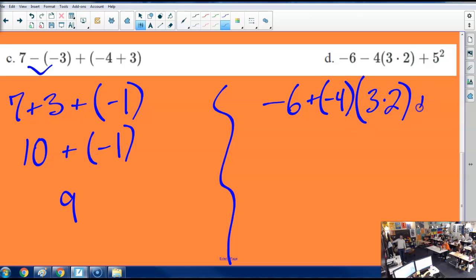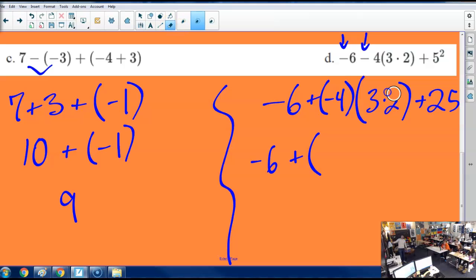Over here, I bet a lot of us get this wrong, because you're tempted to put things together. We don't. The negative 6 is going to keep carrying down. The negative 4 is actually going to multiply after we do our parentheses, which I should have already done.